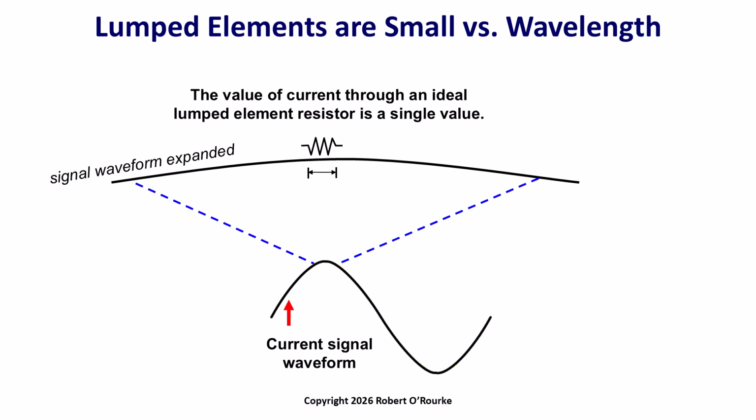For a circuit element that is small in comparison to the size of the circuit signals of interest, there is little or no variation in the value of the current within the lumped element resistor's physical dimensions. Similarly, the voltage across the lumped element doesn't vary along the dimension of the circuit element.